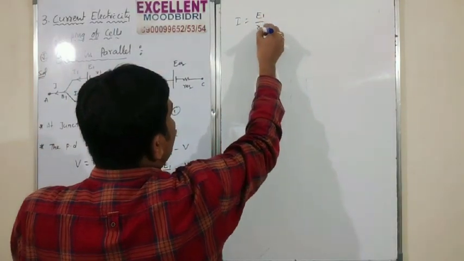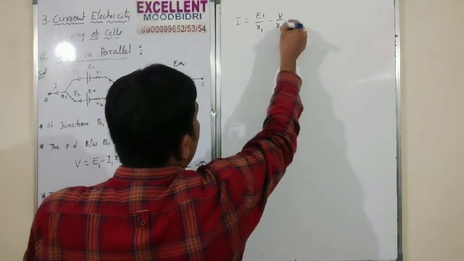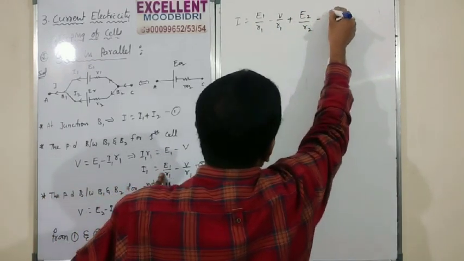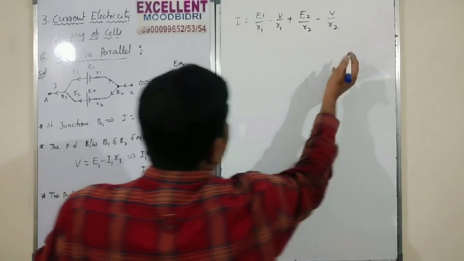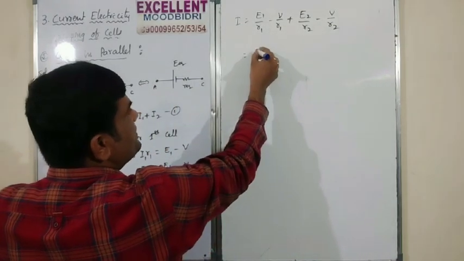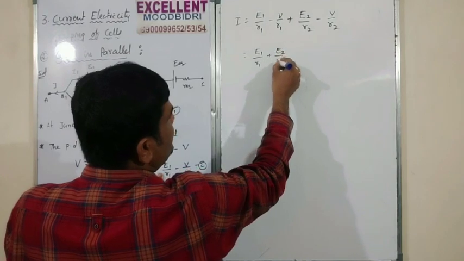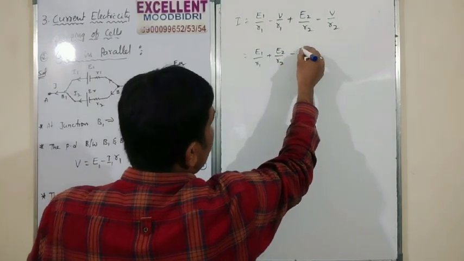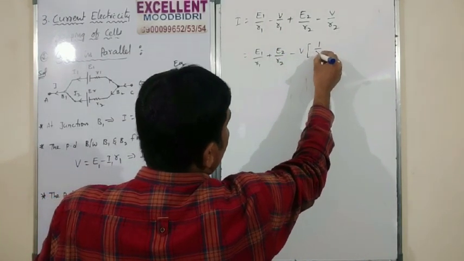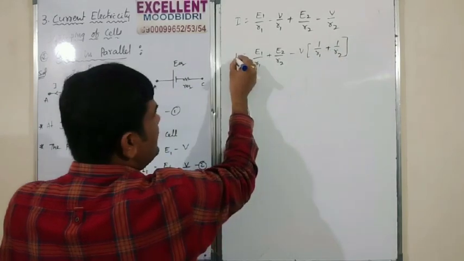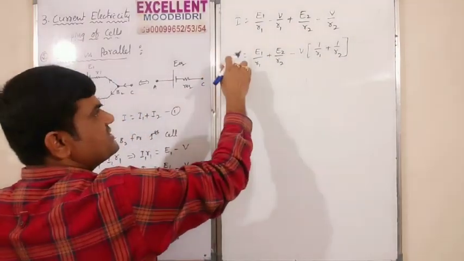E1 by R1 minus V by R1 plus E2 by R2 minus V by R2. Now write the E terms together: E1 by R1 plus E2 by R2 minus V, take common 1 by R1 plus 1 by R2. This is the I.